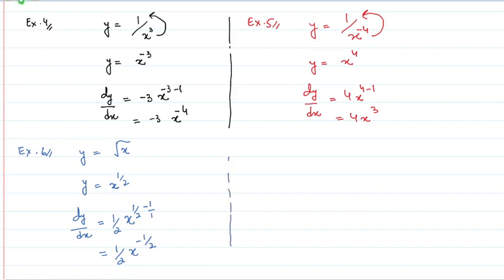Now one more example here, example number 7. Suppose you have y is equal to cubic root of x square. Okay, so first what will we do, we will keep this x square as it is, and put 1 by 3 on top. That means cubic root can be written as 1 by 3 also. So y will be equal to, simply multiplying 2 with 1 by 3, x raised power 2 by 3.